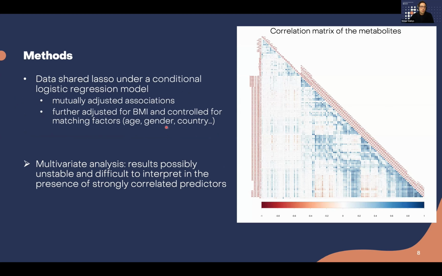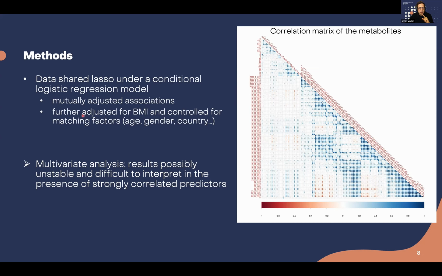So we use the data shared lasso under conditional logistic regression models, as usual when analyzing data from nested case-control studies. So this allows us to target mutually adjusted associations. So basically, when we study the association between, say, metabolite 1 and cancer, this association is adjusted for the other relevant metabolites.